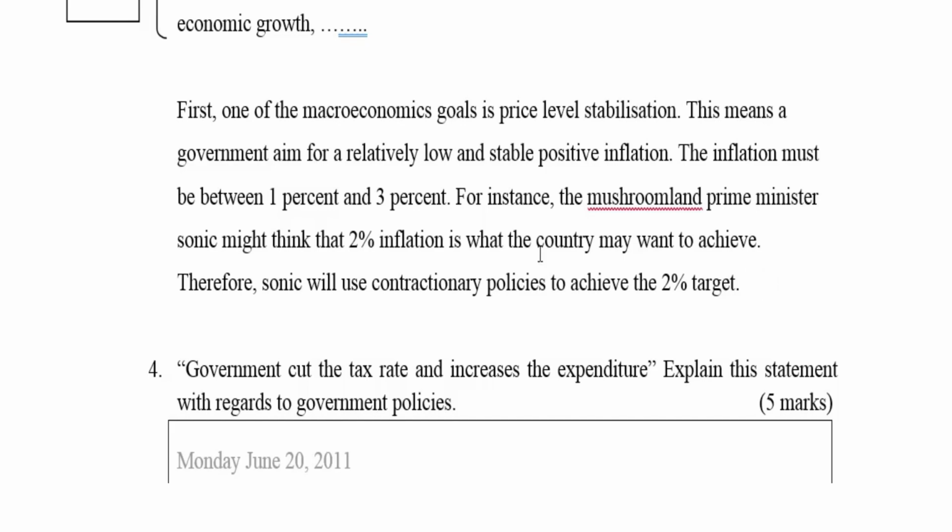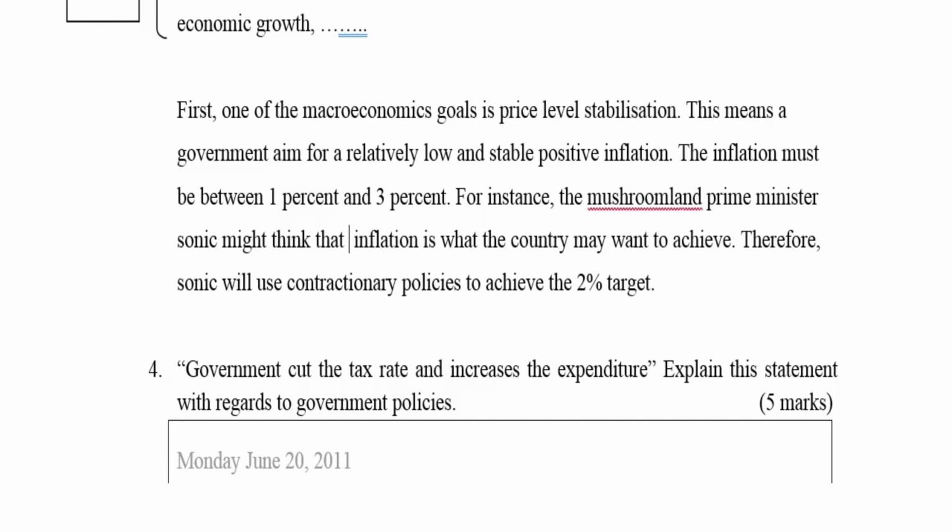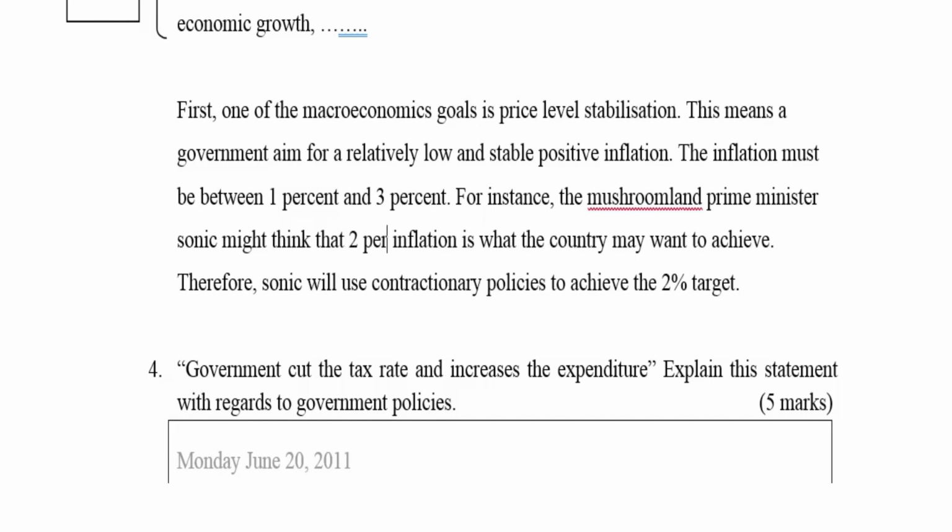So I change all this to percent. You just show off some of your knowledge by using contractionary policies. Don't need to elaborate further. This is for you to show some of the knowledge. Throw some knowledge to your markers to wow your examiner, usually your lecturers.